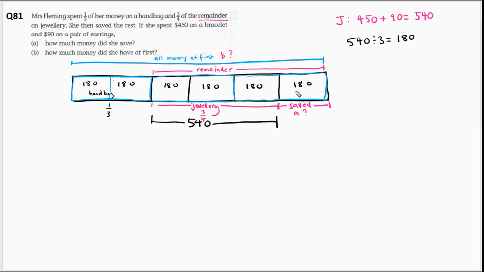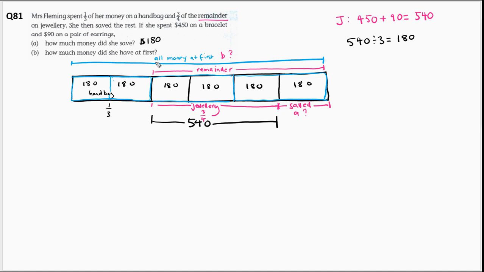Can I answer my questions? Let's look at question A. How much money did she save? That's just this bit here, the value of one of these parts. That's nice and easy, so the answer is 180. And then what about question B? How much money did she have at first?